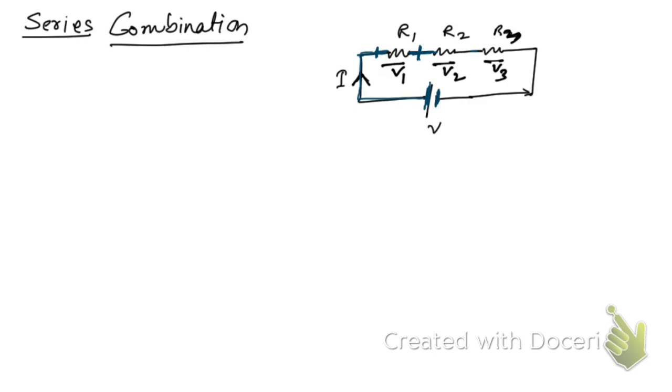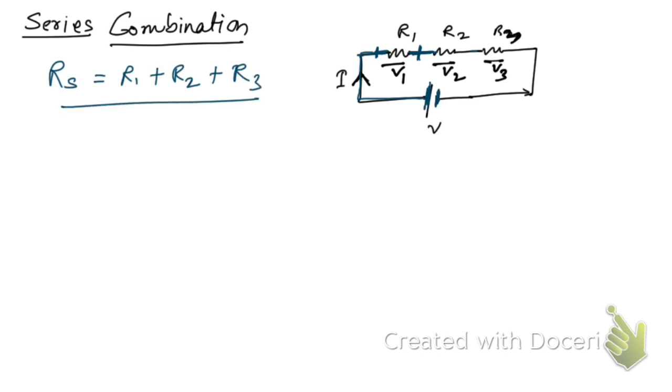So now you see, when they are in series combination, the effective or equivalent resistance, let us say RS (I have written RS to represent the series connection), will be given by R1 plus R2 plus R3, right?